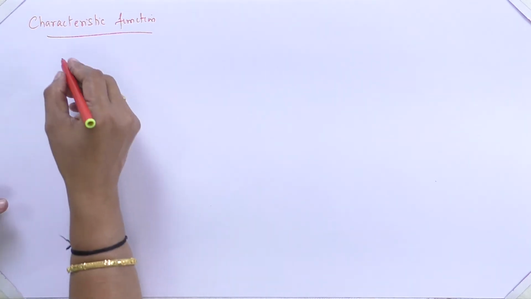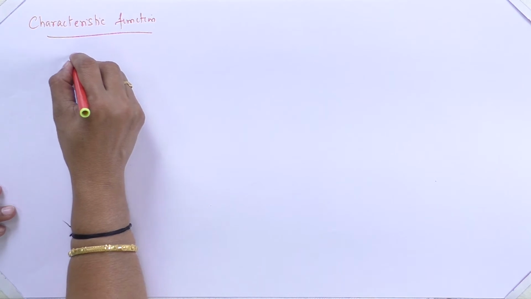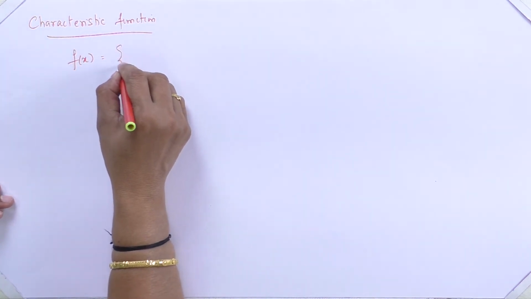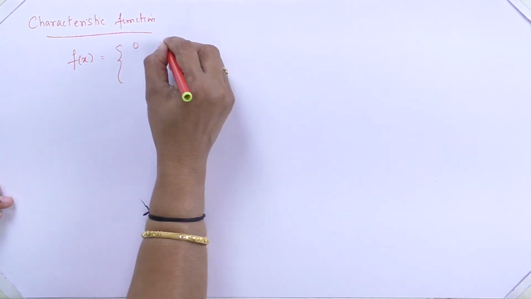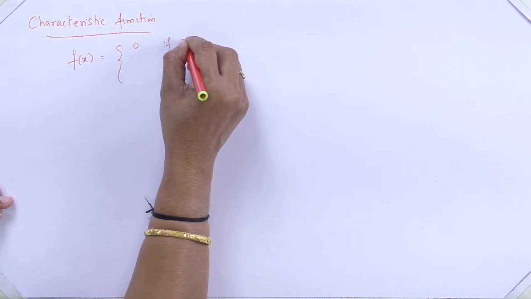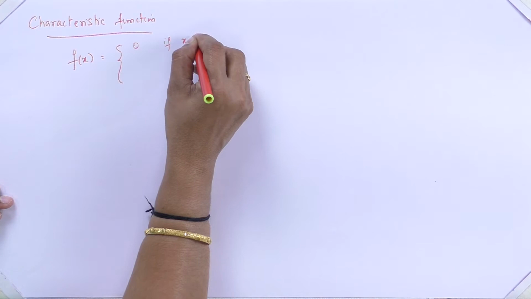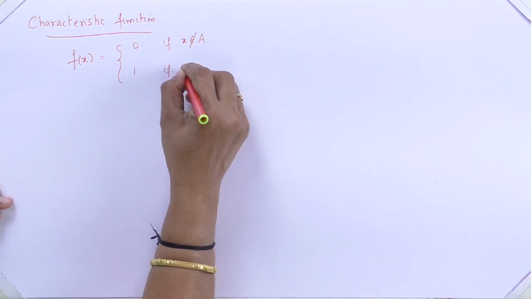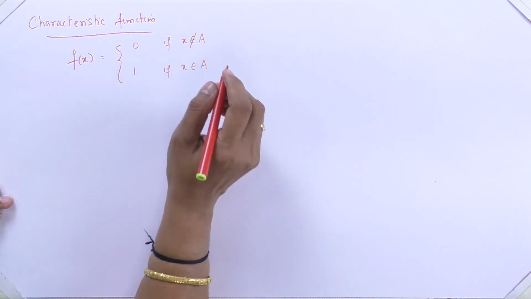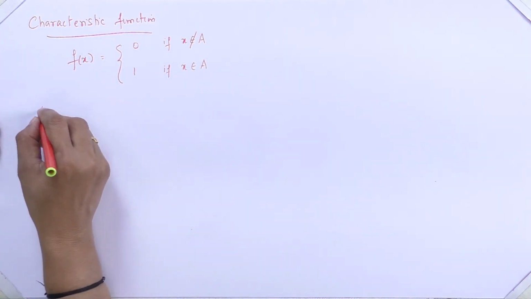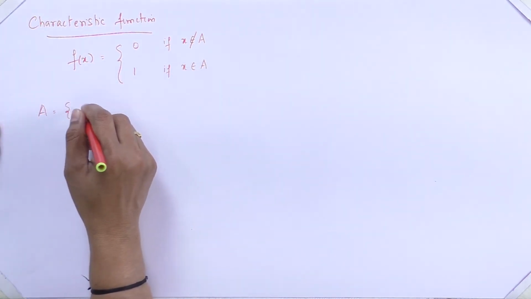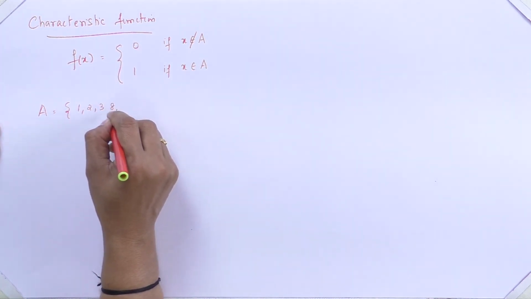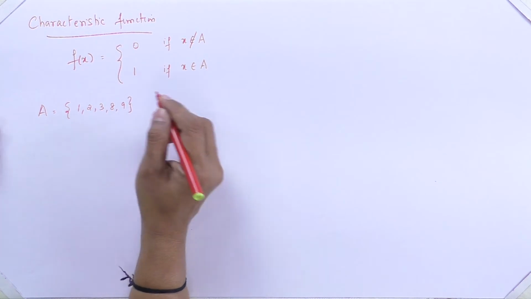What is that characteristic function? We'll just see here. So this characteristic function, I can define it as f of x is equal to 0 if x does not belong to the set A, and is equal to 1 if x belongs to the set A. Say for example, my set A may be 1, 2, 3, 8 and 9, say for example, right?